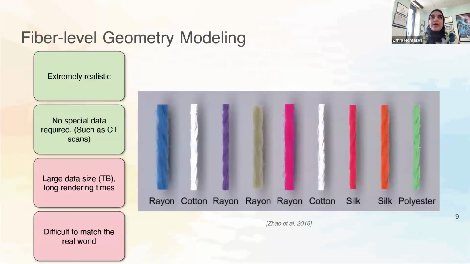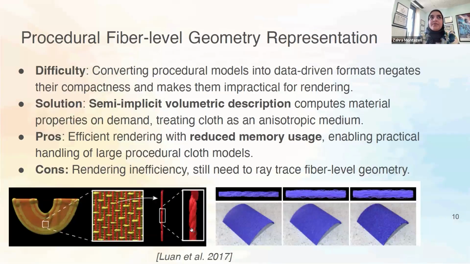And then we have a very, very realistic appearance using them, but again, they have terabytes of data to be stored because all these curves need control points, and they are very hard to match with the real world, so it's very hard to edit as well. So again, they have their own disadvantages.